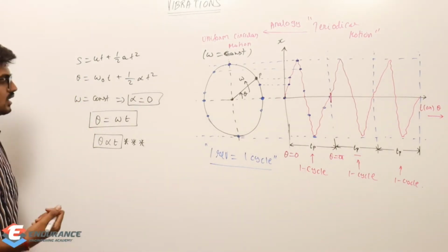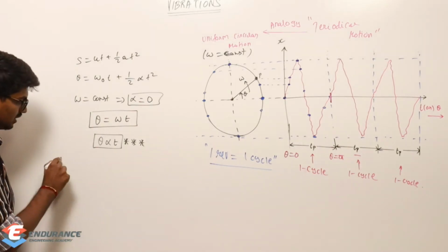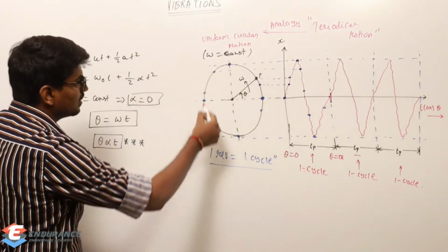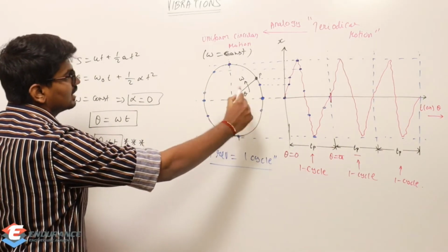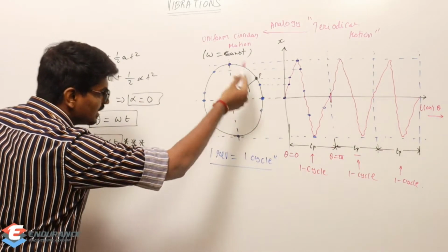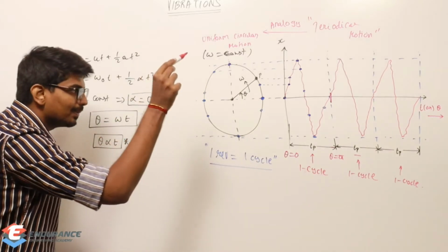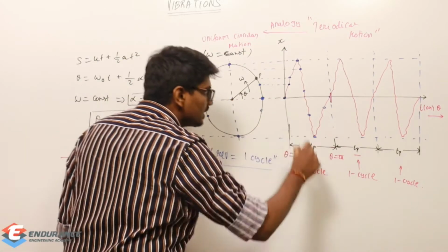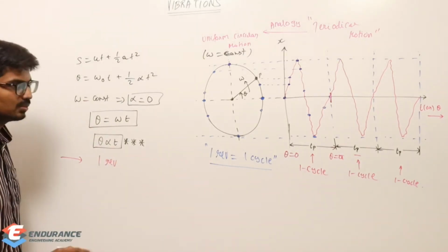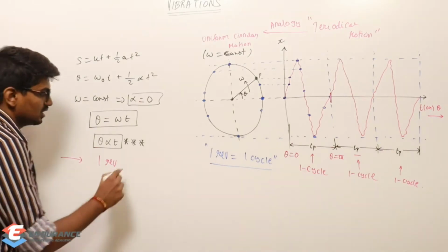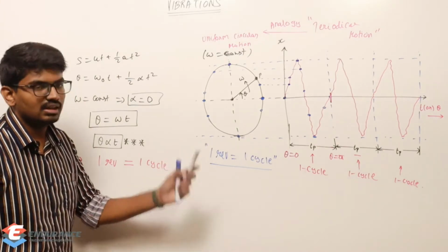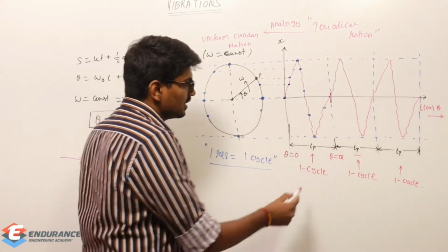Now there is one important conclusion. We know when this particle undergoes one complete revolution with a uniform angular velocity omega in a circle, during that time my 1 cycle of periodical motion will happen. So 1 revolution of a particle moving in a uniform circular motion will be equal to 1 cycle of my periodical motion. 1 cycle of my periodical motion means what?